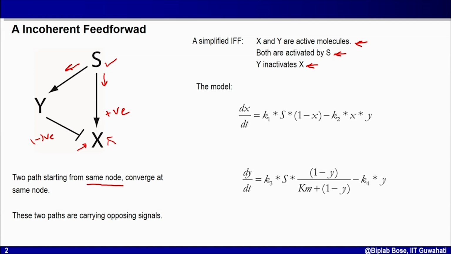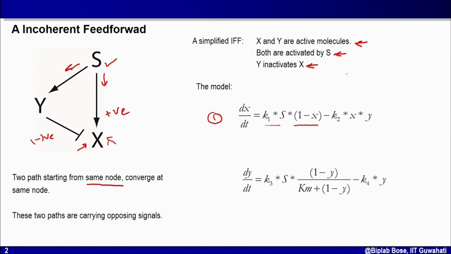If these are my basic assumptions, then the model that I have written in terms of ordinary differential equations is like this. The first ODE, dx/dt, the rate of change of x with respect to time, is equal to k1 into s, where s is the input signal, into 1 minus x. This 1 minus x is actually the amount of inactive x.